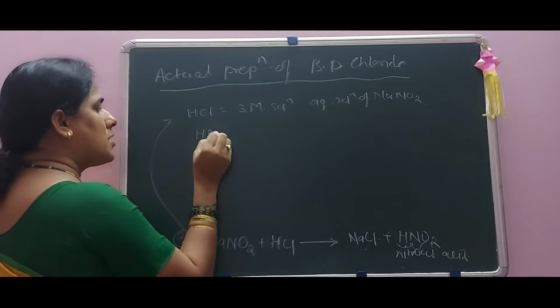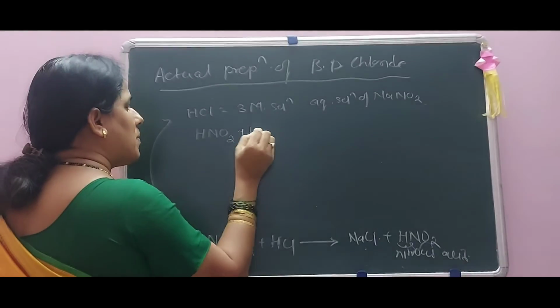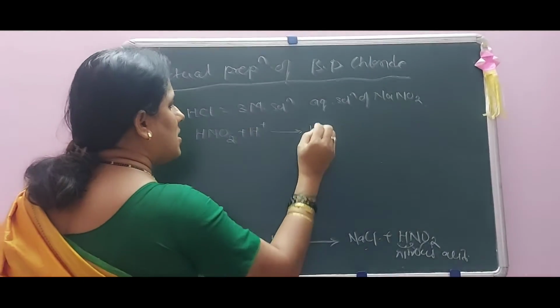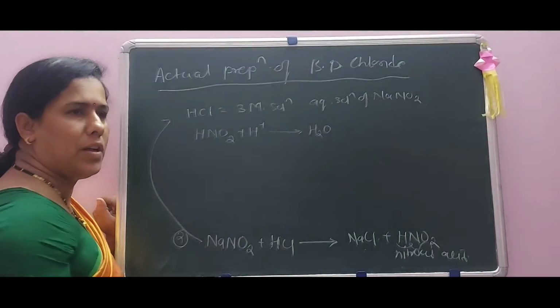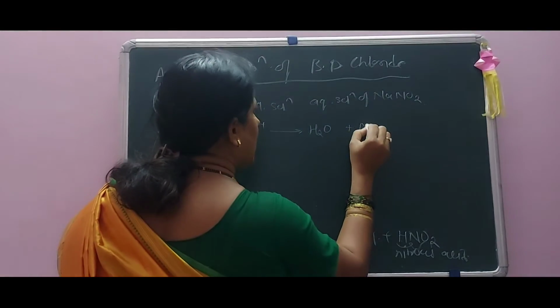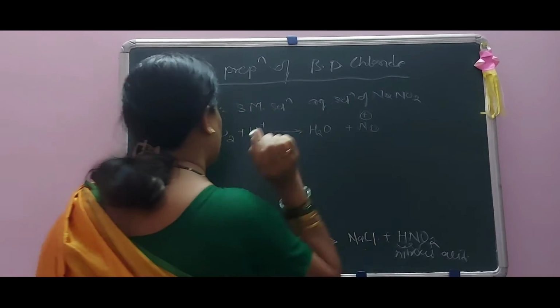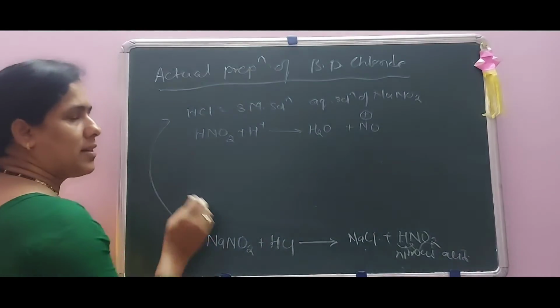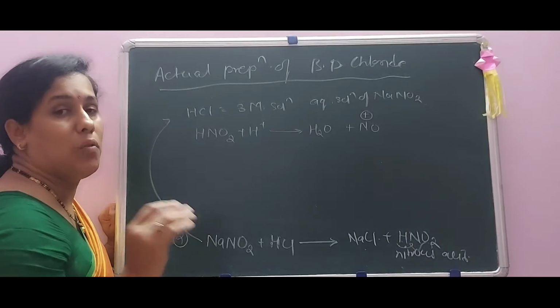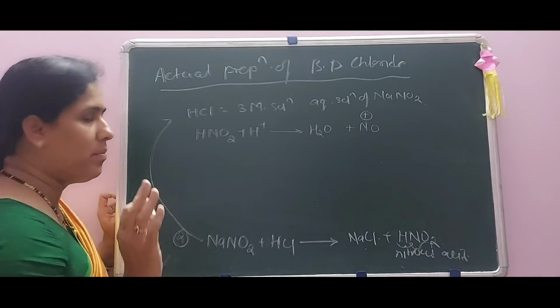From HNO2, plus H plus gives H2O plus NO plus. Now this nitrosonium ion attacks, giving the benzene diazonium cation.